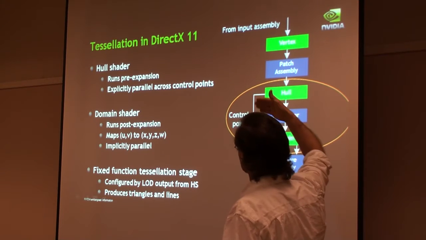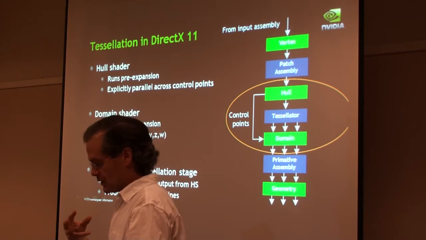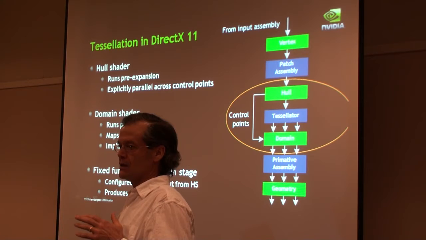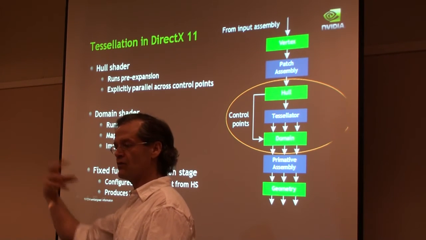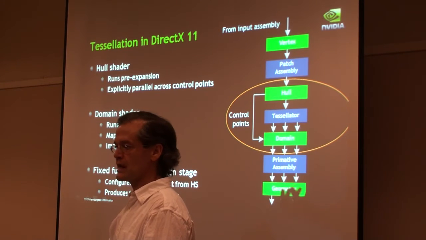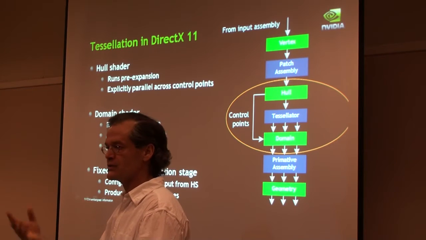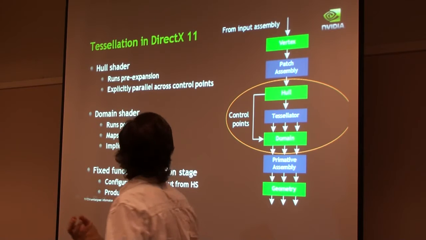But basically what the hull shader is doing is converting it into a representation that we can evaluate, and it's also computing the level of detail that we want to use when we dice that thing up. So based on how far away the object is, its orientation with respect to the camera, its importance in the scene, what displacement maps are being applied and so forth, you compute how many triangles to break that thing up into.